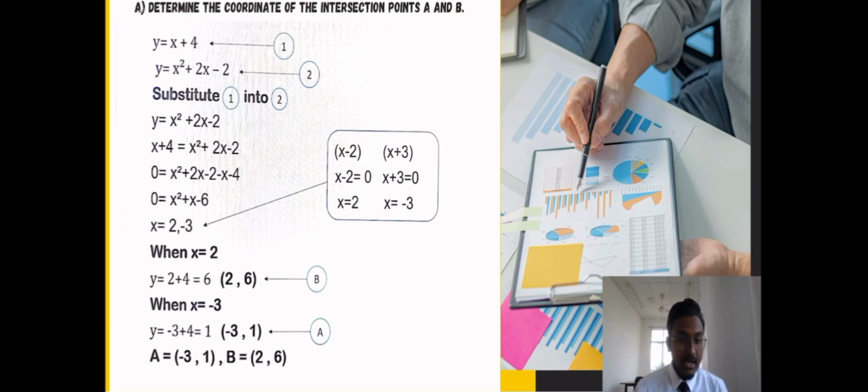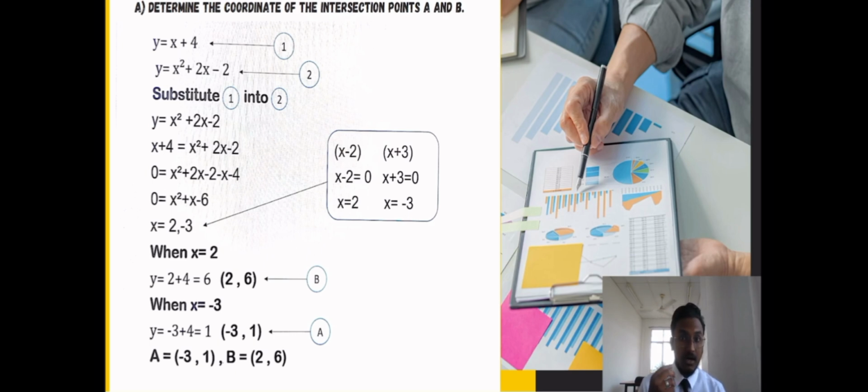Next, when x equals to 2, so we substitute x value into the first equation, where y equals to 2 plus 4 equals to 6, and our x is 2 and our y is 6. When x equals to negative 3, and here we substitute x value again to the first equation, y equals to negative 3 plus 4 equals to 1, and our x is negative 3 and our y is 1.